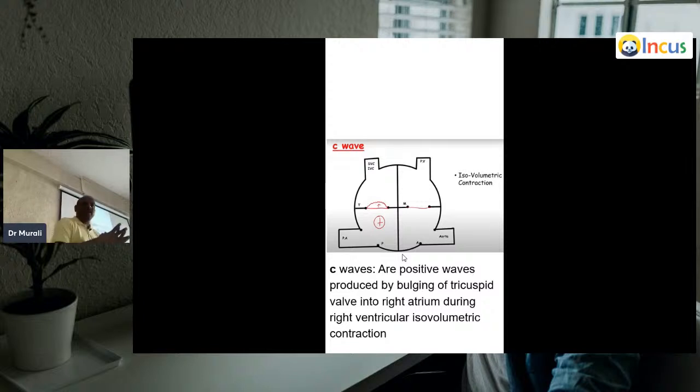When the ventricle is undergoing systole, it not only pushes the blood into the aorta, it will kick back some pressure into the atria, which is behind it, and that makes the tricuspid valve bulge back into the atria, raising pressure in the atria, raising pressure in the JVP. That is responsible for the C wave.